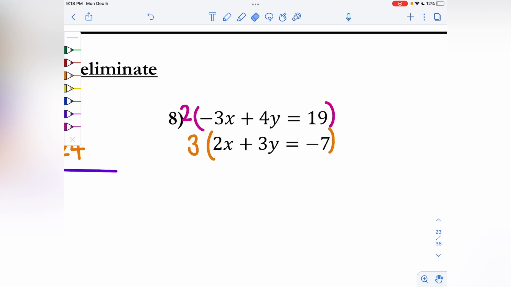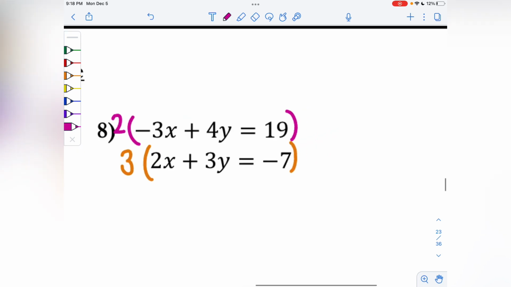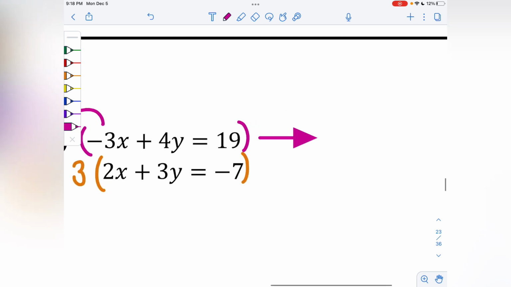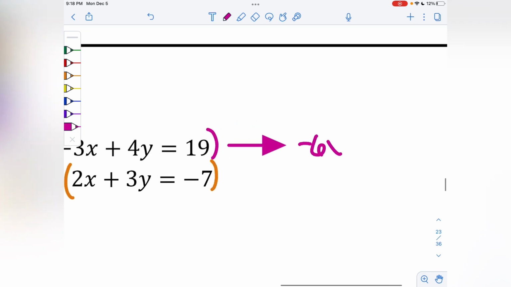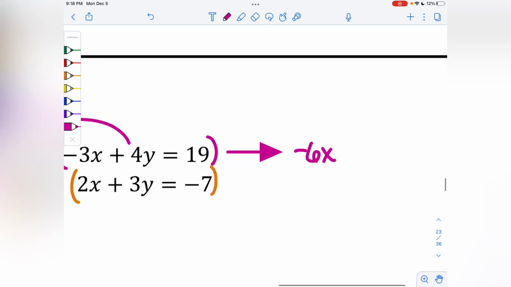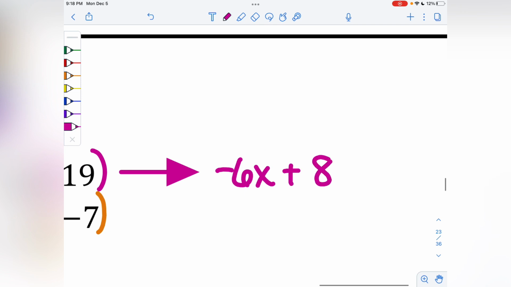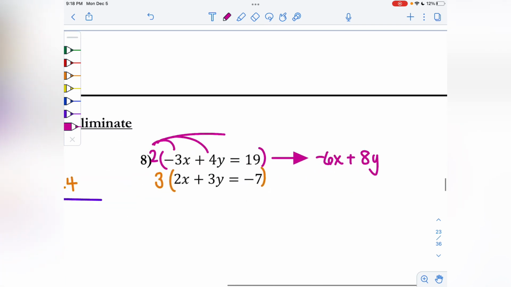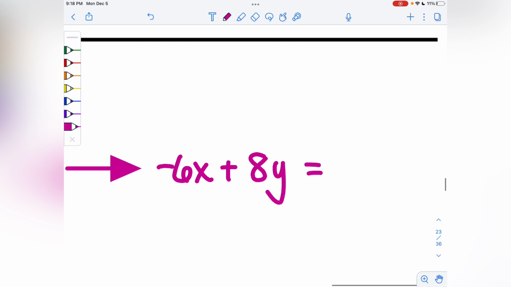So let's multiply this top equation by 2 and the bottom equation by 3. You kind of switch those numbers. So for the top equation, we're going to distribute the 2, which gives me a -6x. 2 times 4 gives me 8y. Equals 19 times 2 is 38.